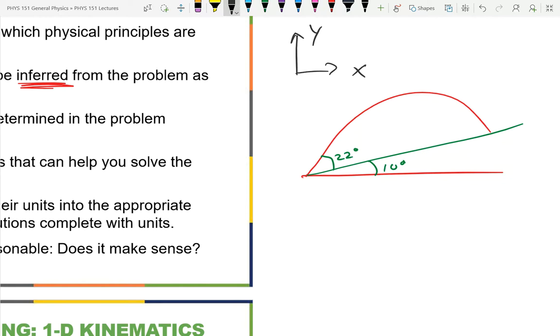So if I want to break into components, what angle do I use? 32. Because the angle between horizontal, my x-axis, and the initial velocity is that 32 degrees. And then in this case, there was something that you guys have not seen at all. What is its final height going to be?